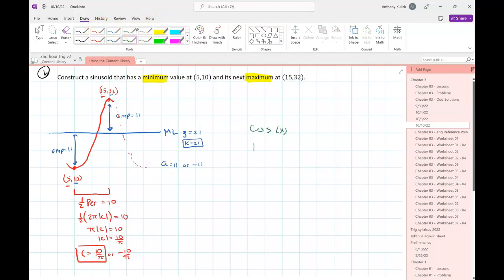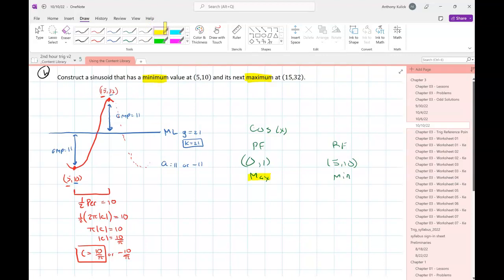Now, from the parent function, we choose cosine. We like to use the point 0, 1, which is a maximum. Now, does it matter which point I pick from my resultant function? Should I pick 5, 10 or 15, 32? Does it matter? There's not a wrong answer here. You could pick either one. Sure, let's do that. 5, 10. And remember, it tells me that 5, 10 is a minimum.